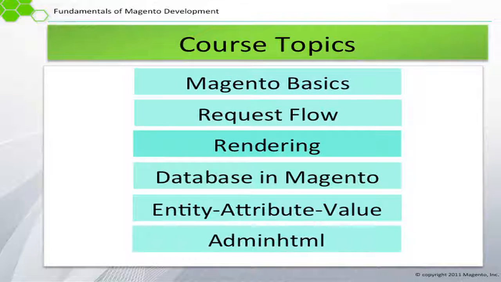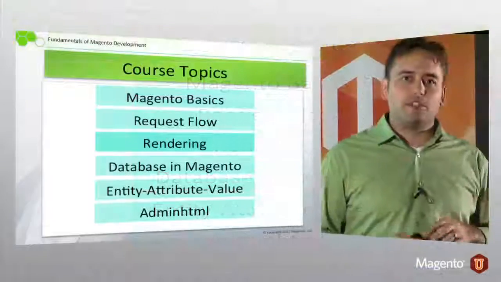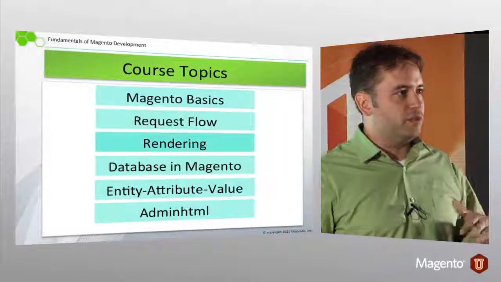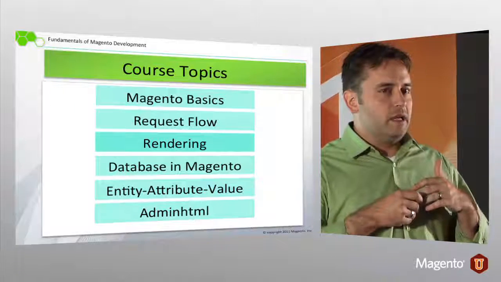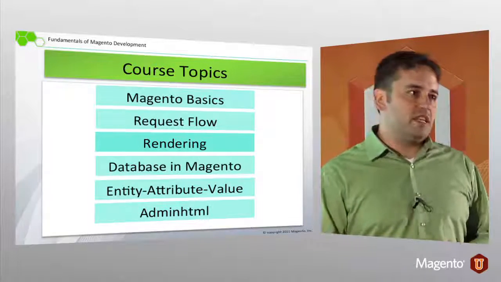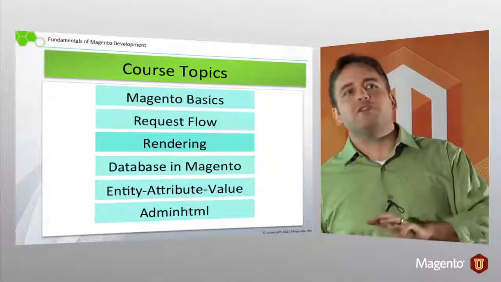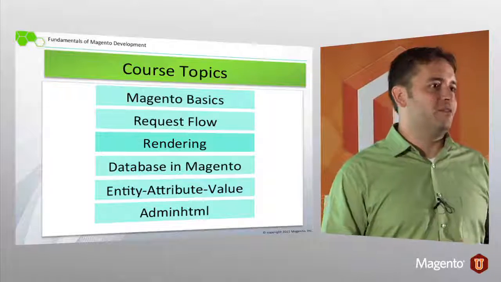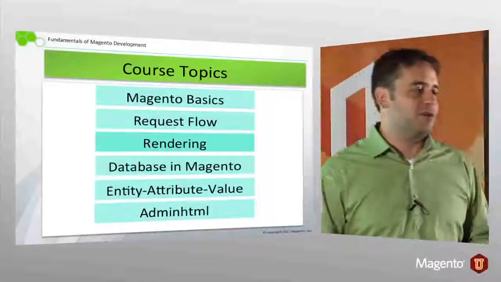All right, so we've broken this whole week out into different sections. Today we're going to be doing Magento Basics, and for some of you it'll be a review, because we'll be reviewing some information on object-oriented programming and MVC principles, and really how Magento has its own take on those, in case you haven't had any experience with the code yet.